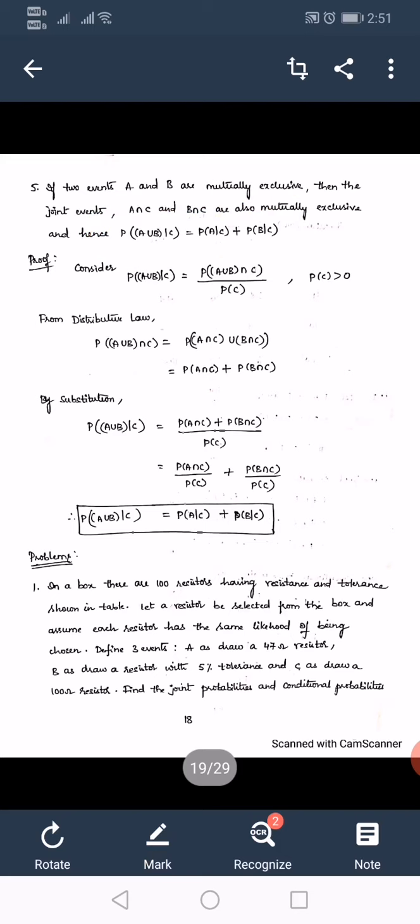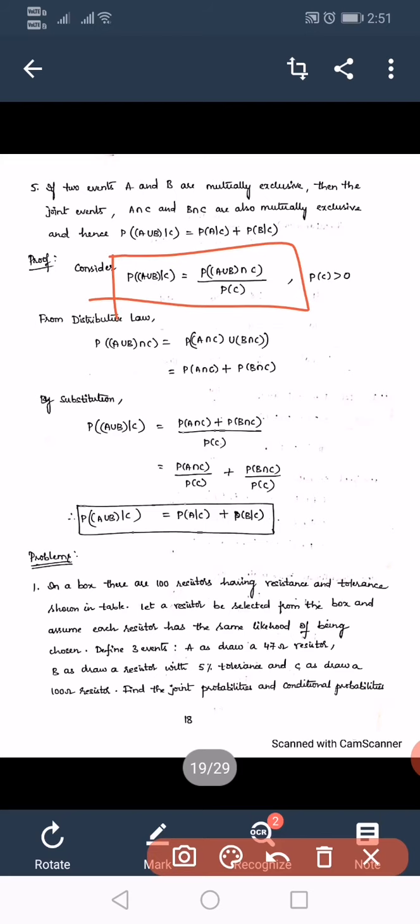First consider P of A union B given C. According to conditional probability, this equals P of A union B intersection C by P of C. From the distributive law we can separate this: (A union B) intersection C equals (A intersection C) union (B intersection C).